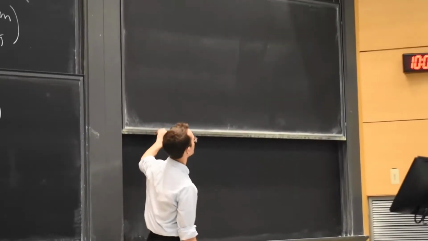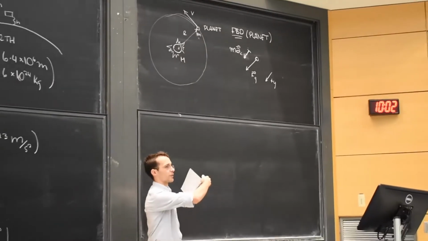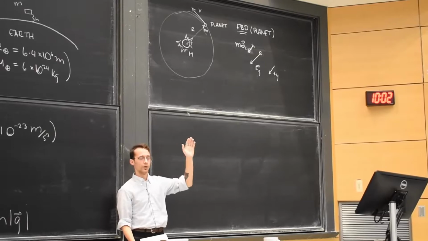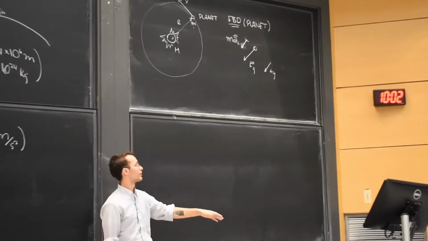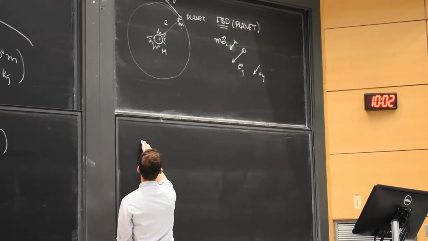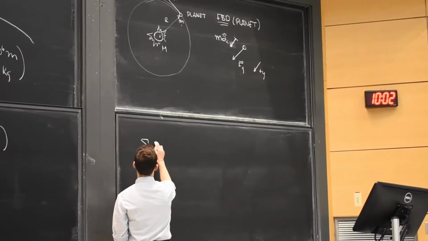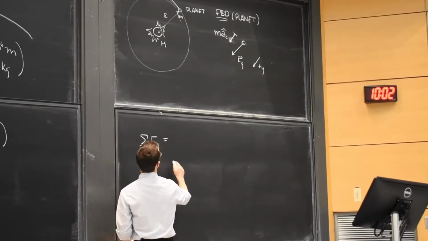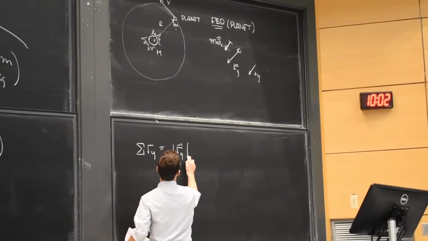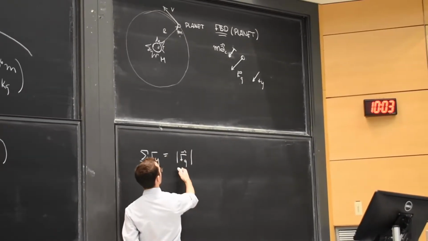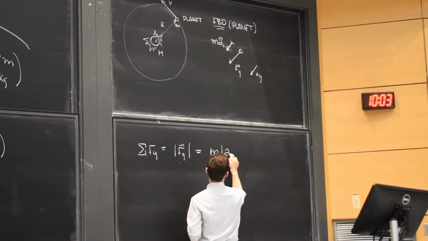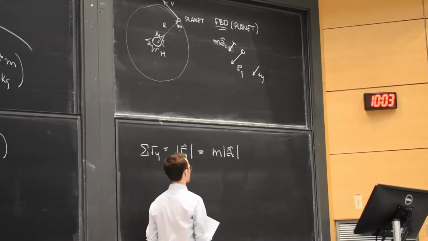Unfortunately, everything is pointing in the same direction, which means that although the way we're looking at it is at an angle, we don't have to worry about any angles, no cosines or sines. Everything's pointing in the same direction, so our free body diagram gives us a sum of forces in the y direction as F of g. That's the only thing acting on it, so that must be equal to the net force. Very simple argument.